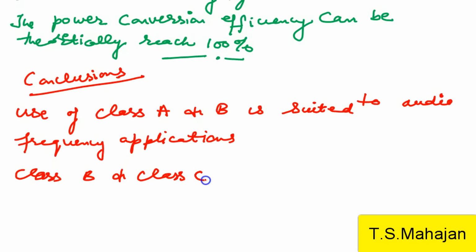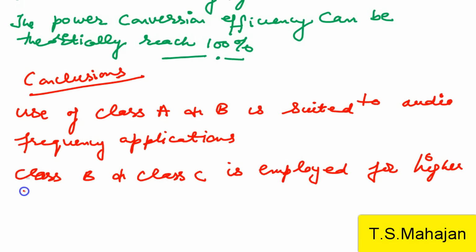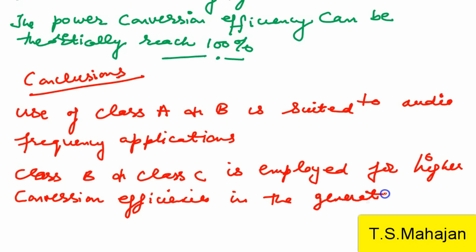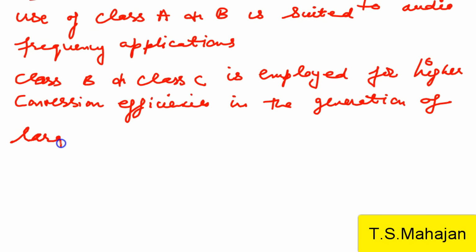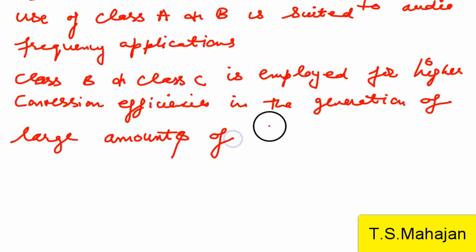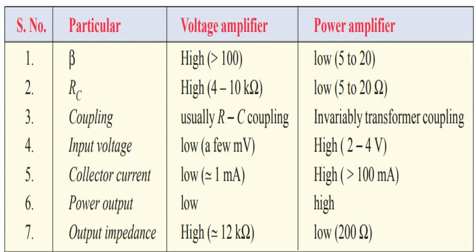Class B and class C amplifiers are employed for higher conversion efficiencies with greater power, in the generation of large amounts of radio frequency signal.